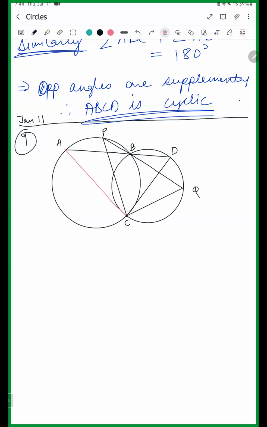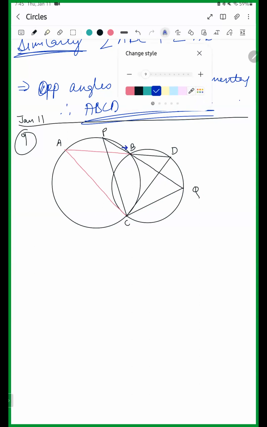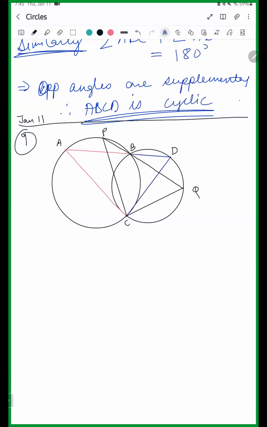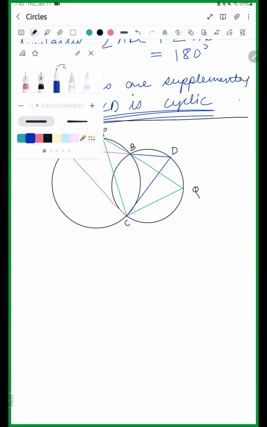Now what do we have to do in this? Prove that angle ACP is equal to angle QCD. So nothing else is given apart from this.